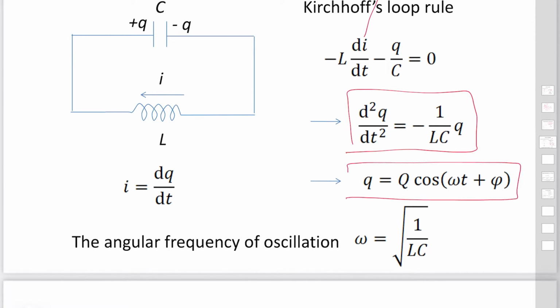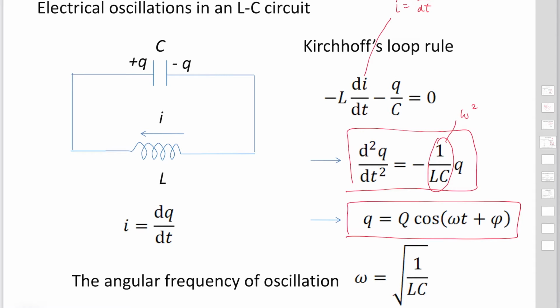In this case, I choose a cosine as a solution to this differential equation. Lower case q equals capital Q cosine of (omega t plus phi). Angular frequency of the oscillation comes from the differential equation. This is the square of the oscillations.